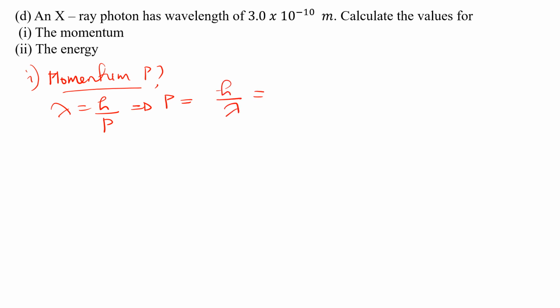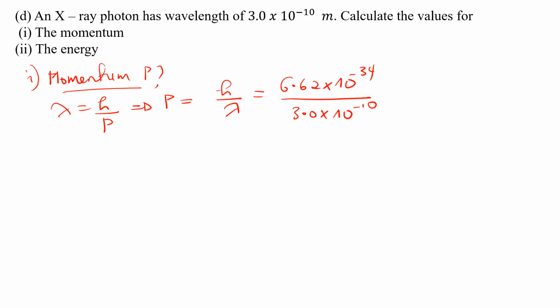So this will be equal to 6.62 times 10 to the negative 34, all of this divided by the wavelength 3.0 times 10 raised to the negative 10.